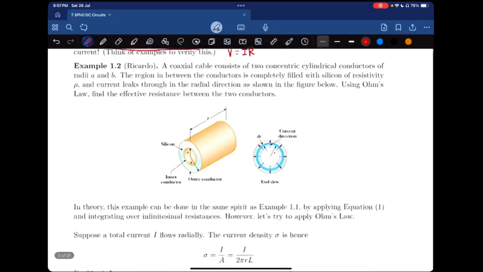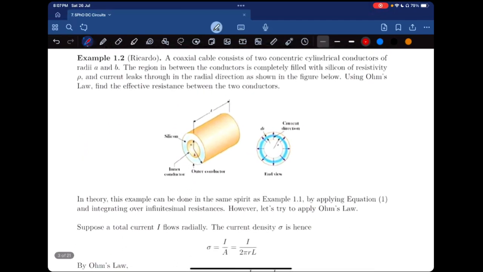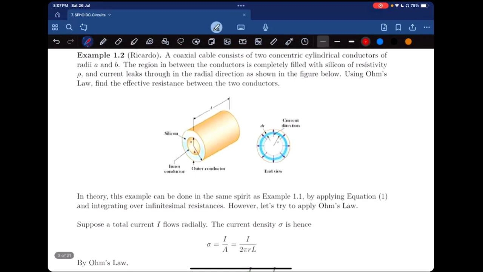Okay. Here we have an example on how to use the other form of Ohm's law, which you might not be that familiar with. So here we have a cable with two cylindrical conductors of radii a and b.